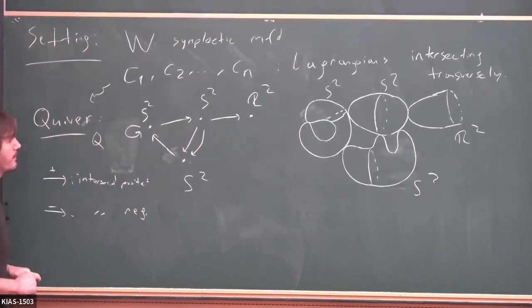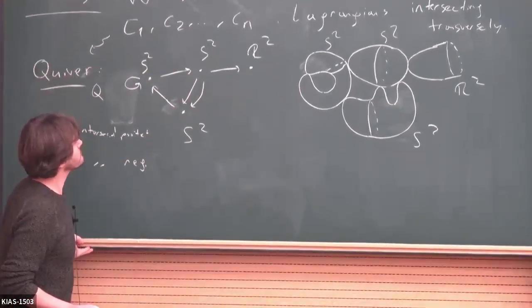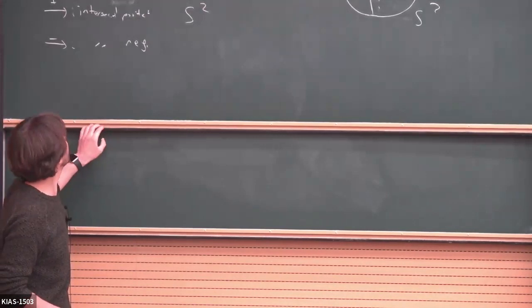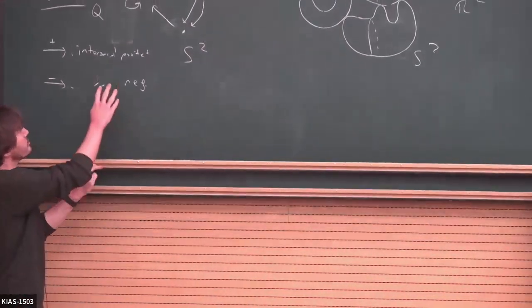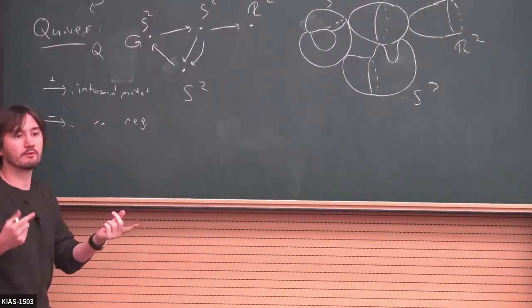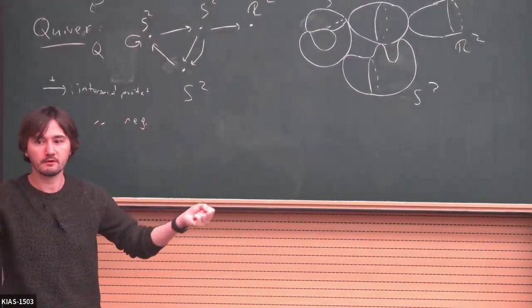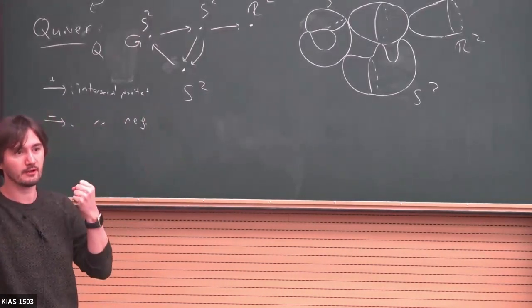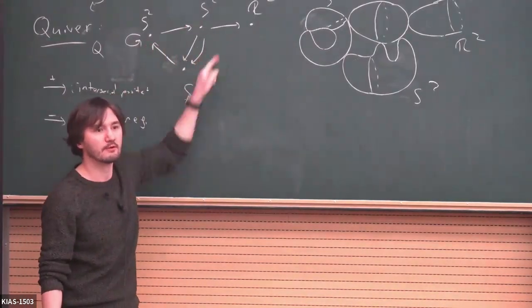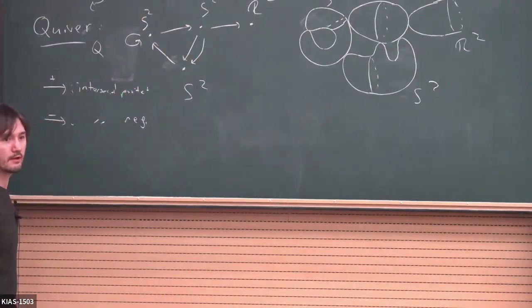The direction of the arrow is just to make this sentence meaningful. Because intersect positively, you need a first one and a second one, right? The first one intersects positively with the second one. So that means this one intersects positively with that one. That kind of meaning.